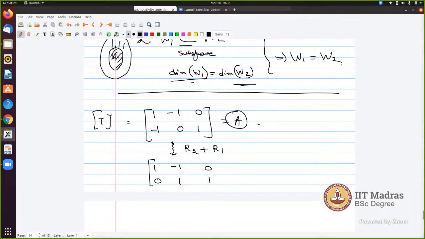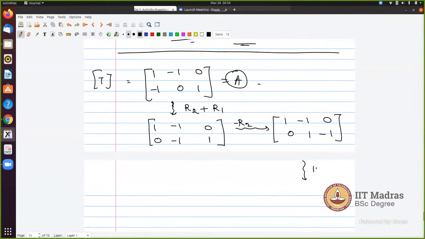Second row is minus 1, 0, 1. Then multiply R2 by minus 1, so this is 1 minus 1 0, 0 1 minus 1. Then one more step: R1 plus R2, so 1, 0, minus 1.